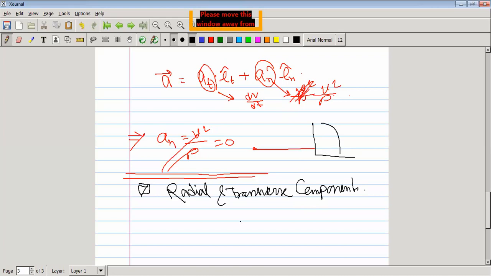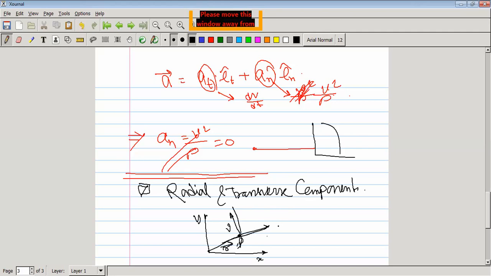Now if a particle in this coordinate has a space vector defined as r, its position, and the particle moves such that along the tangent it has its velocity, and along the normal it has the acceleration, then what happened?